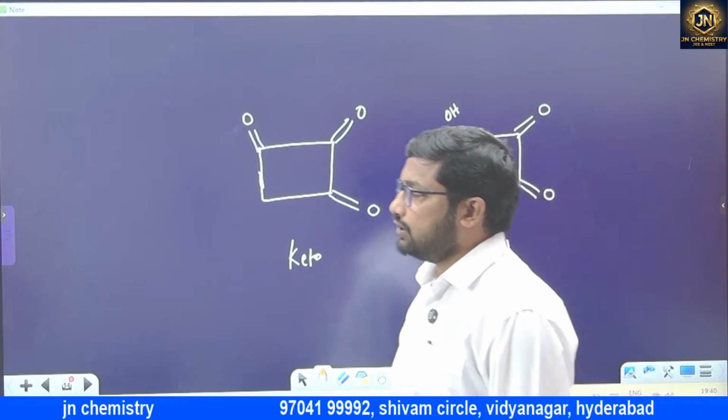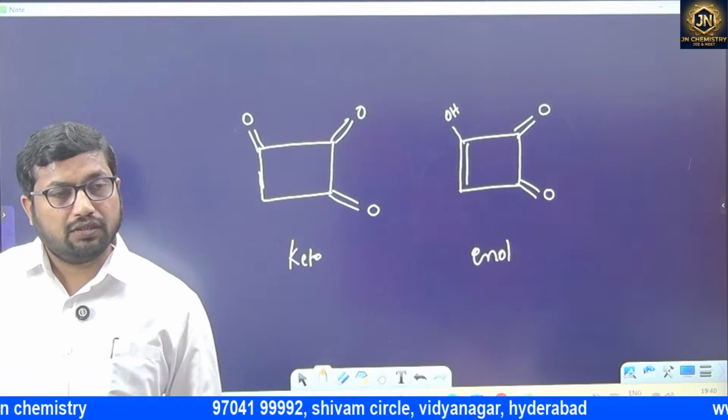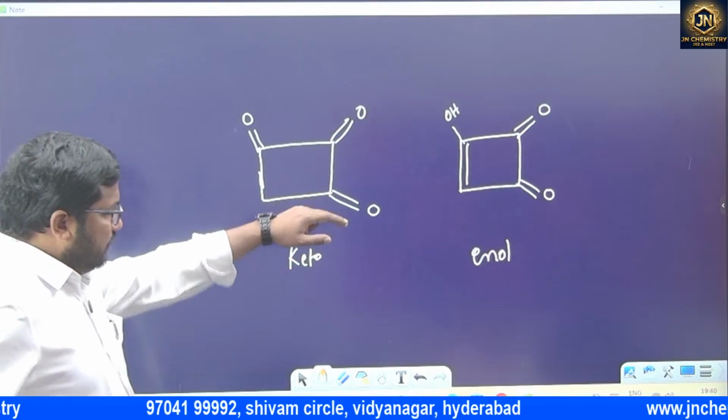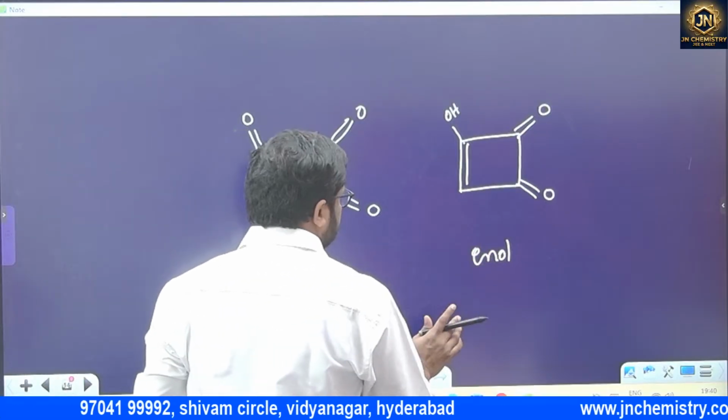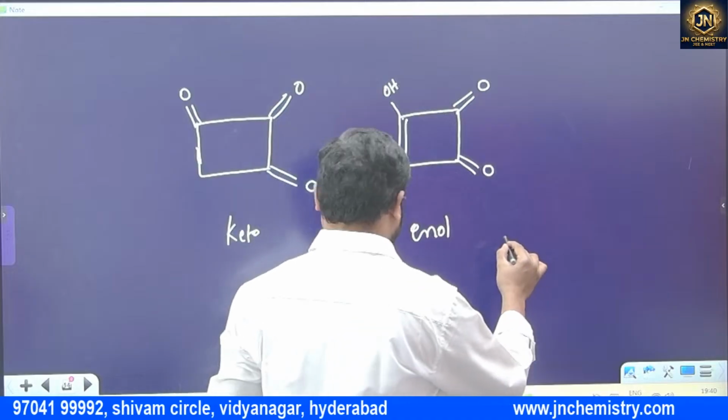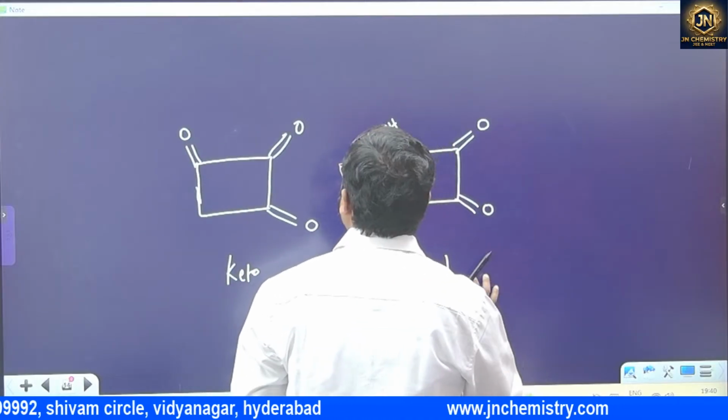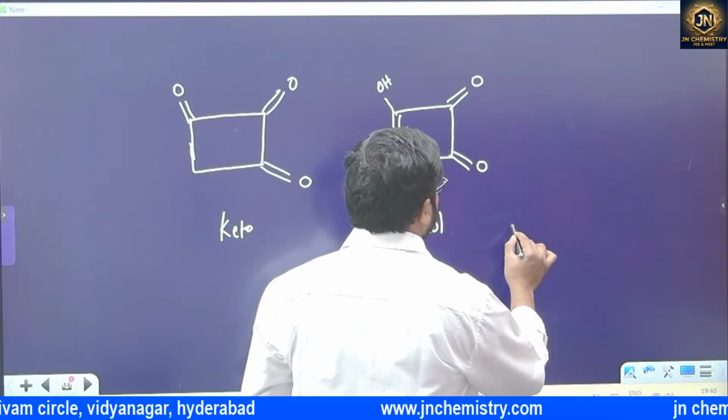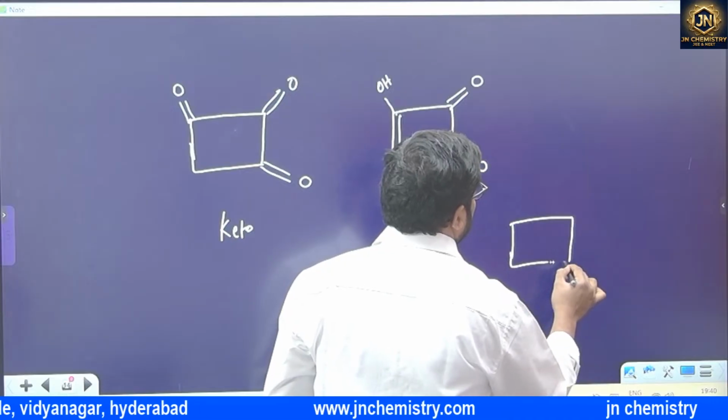Let me know which is more stable. Very, very important question. Try to understand, right? This is particularly existing like this. How is it existing?